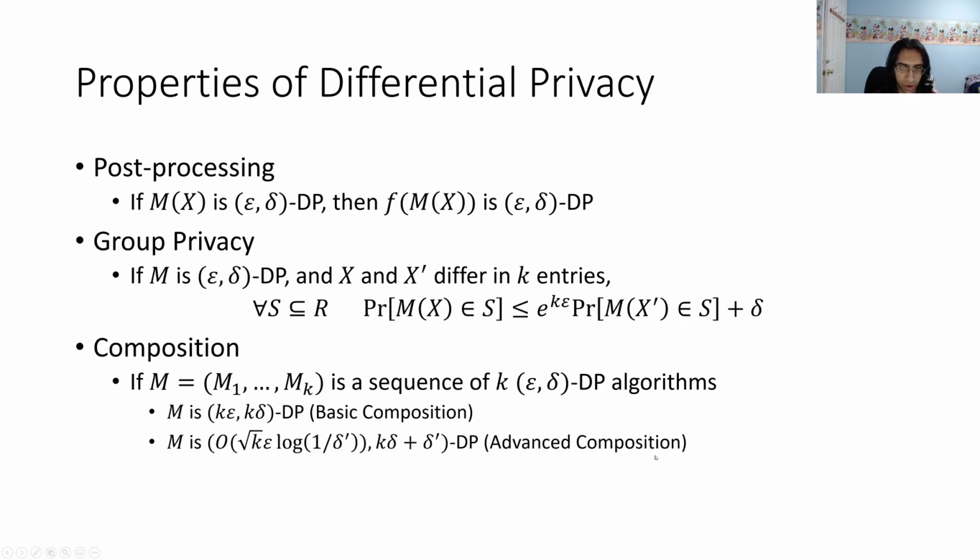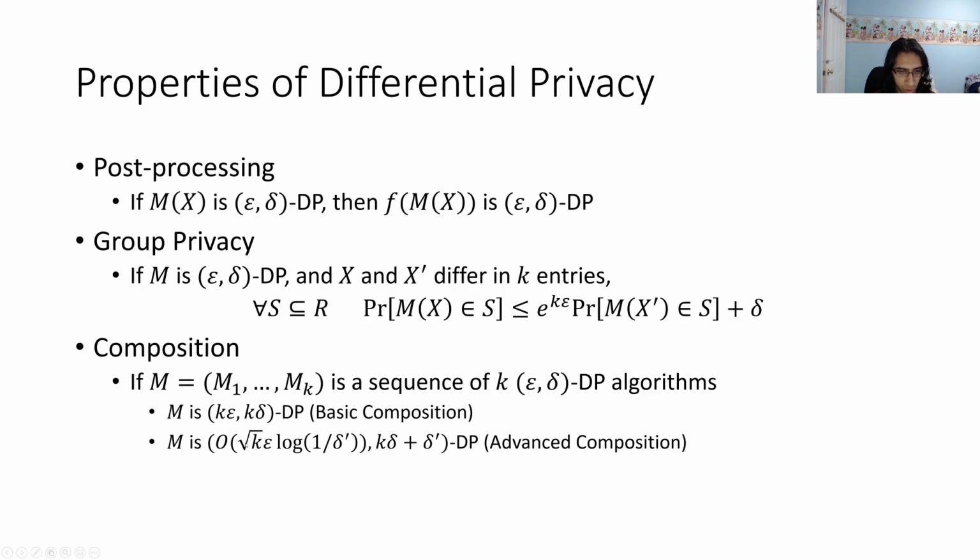A harder thing to show is something known as advanced composition, where you have this type of guarantee for any delta prime greater than 0. Now, don't worry too much about this. The main thing I want you to take away is that instead of scaling linearly in the number of algorithms you run on the data set, you only have a cost which increases as the square root of the number of algorithms you run.